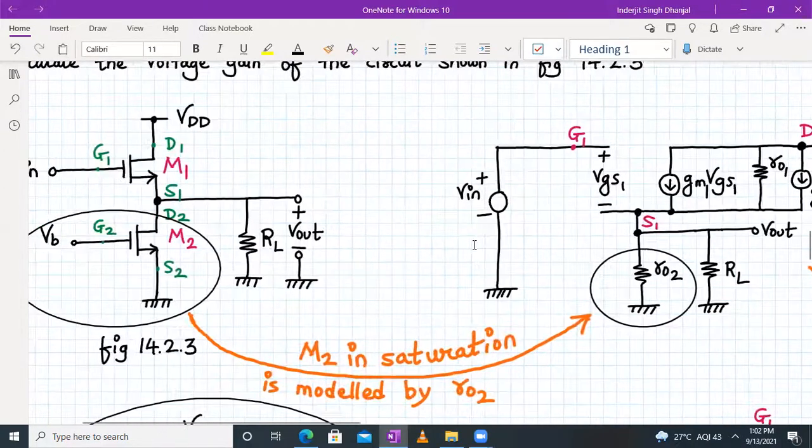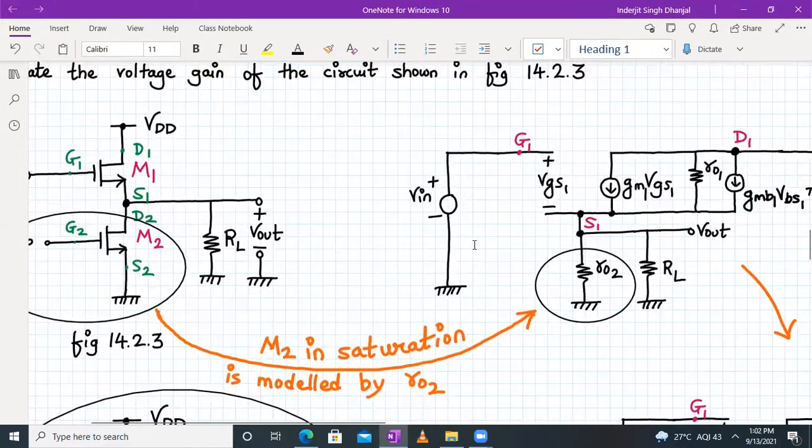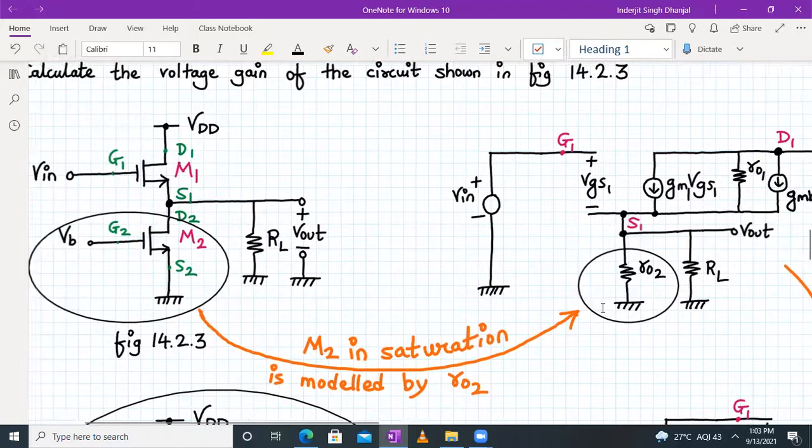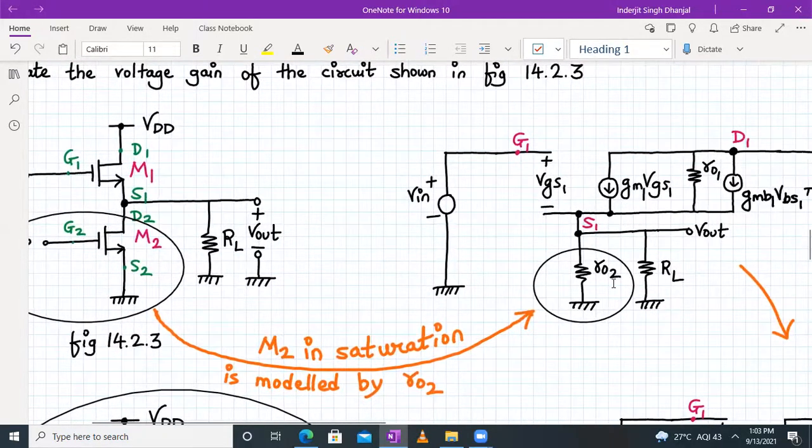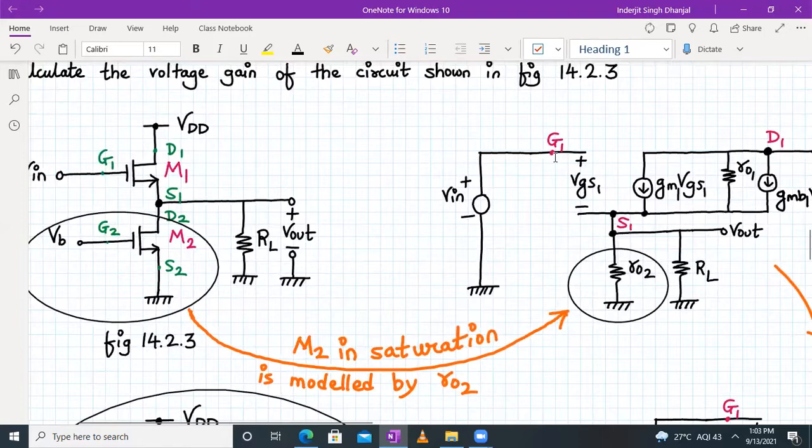So what we are doing over here is making the small signal model for the M1 transistor, and for M2 we'll just replace it by RO2 because it is behaving as a current source. Input is connected to the gate terminal of transistor 1. Between G1 and S1 we have VGS1, it's open circuit.